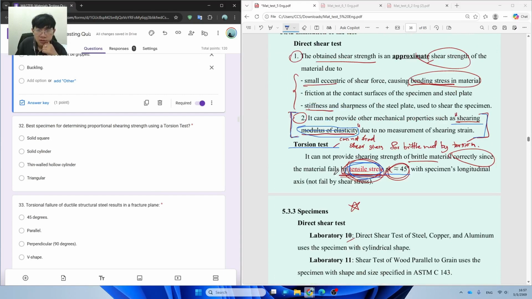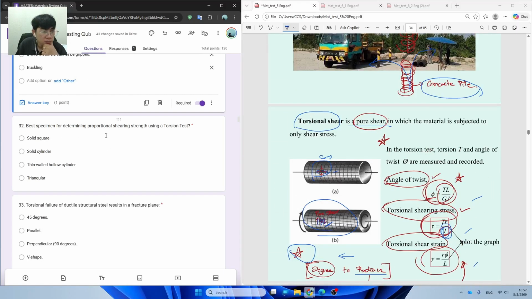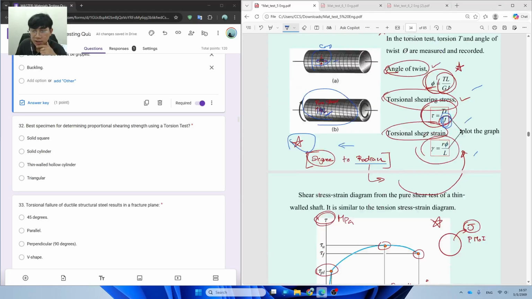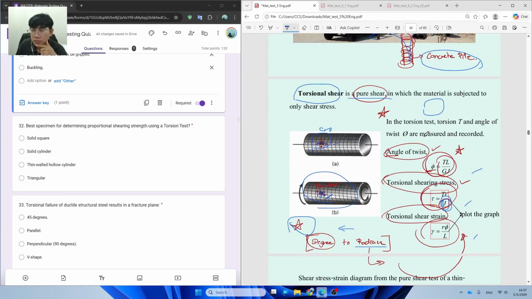And lastly, if we would like to get the best output out of the torsion test, we're supposed to test a sample with a hollow section with a thin wall thickness, or a really thin thickness, in order to avoid the shear resistance inside of the sample.